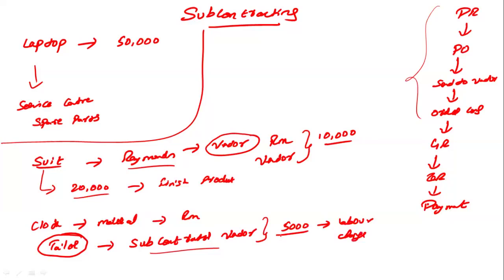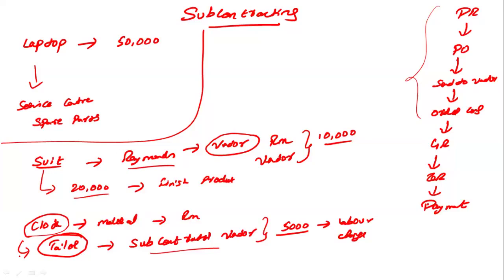This is the work the subcontracting vendor is doing, and he's going to charge only for this. And when you're giving this cloth to the subcontracting vendor, he is going to consume it. So when he consumes it, the raw material in our store should get reduced and the finished material should get increased. Same in the case of the subcontracting process.